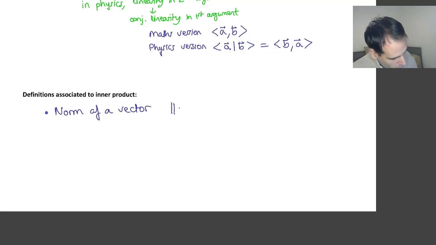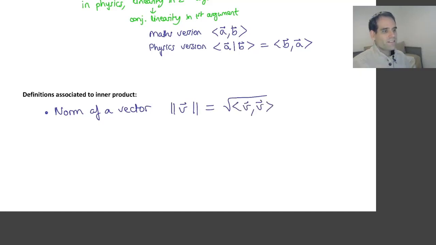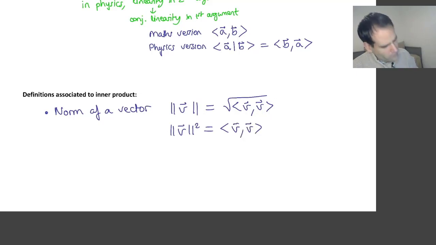So the norm of a vector v is defined as the square root of the inner product of a vector with itself. And that's a definition of the norm. Another way to write this would be to say that the norm squared equals the inner product of the vector with itself, of course. Yes?